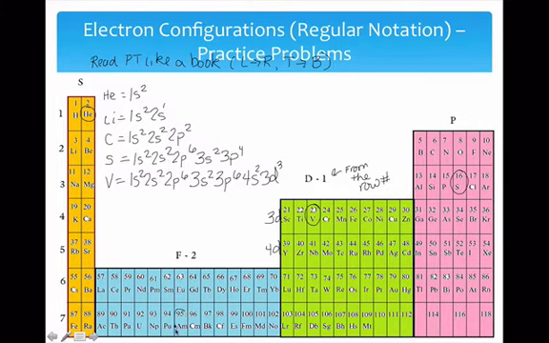Yes, I can give you one clear down here and make you do it. But let's just say that one out loud. Let's say I'm going to the americium down there. So it would be 1s2, 2s2, 2p6, 3s2, 3p6, 4s2, 3d10, 4p6, 5s2, 4d10, 5p6, 6s2, 4f14, 5d10, 6p6, 7s2, 5f7.